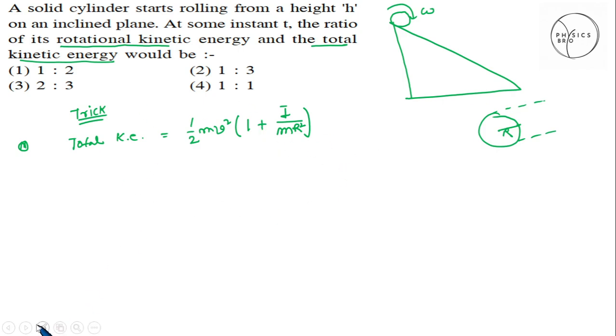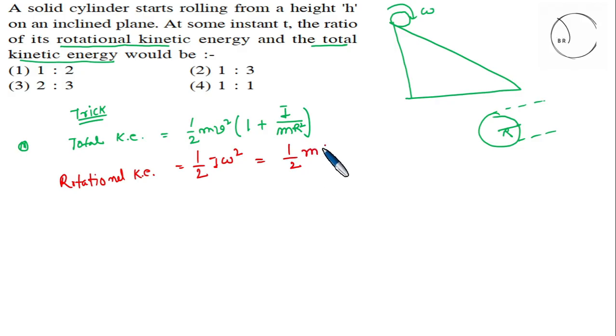So this is our total kinetic energy, and what will be our rotational kinetic energy? This formula will help us: half I omega square. We multiply and divide by m, and omega is replaced by v by r, whole square.